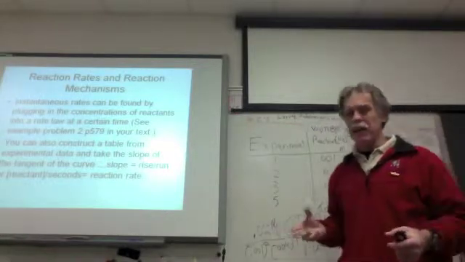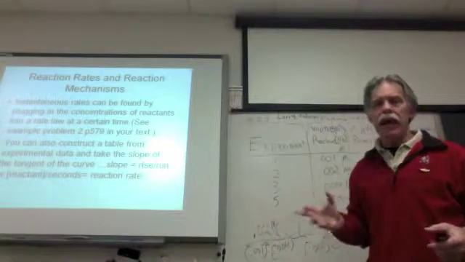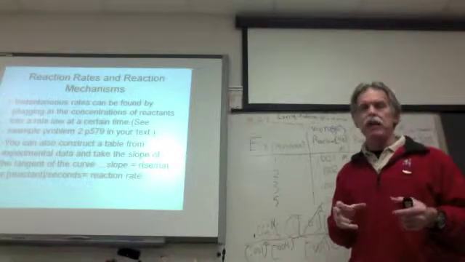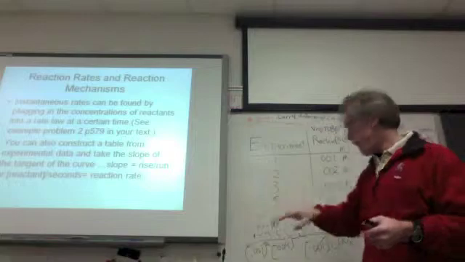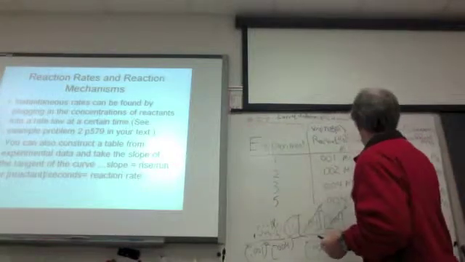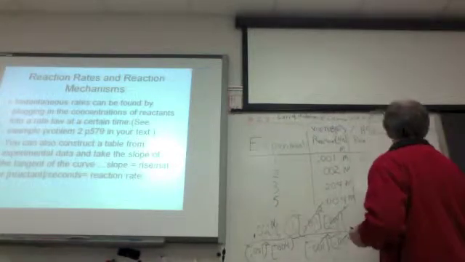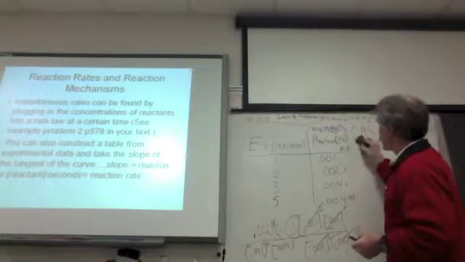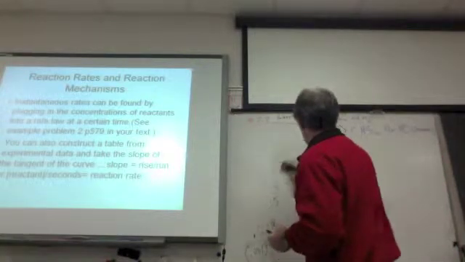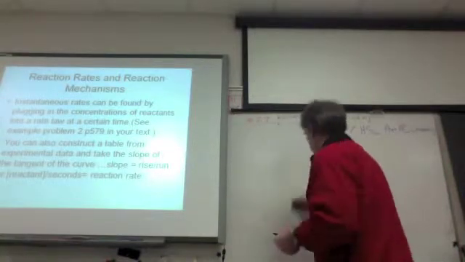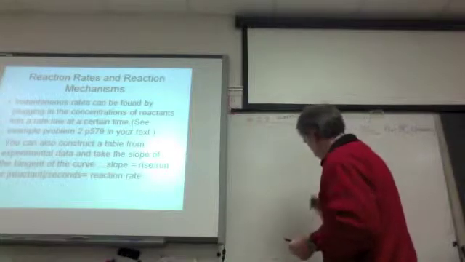The other way is that you could get experimental data, and from the experimental data, you could actually graph and make a curve. And then, you know, the final piece of information that you need in order to calculate the instantaneous rate. So we're going to draw a curve here.